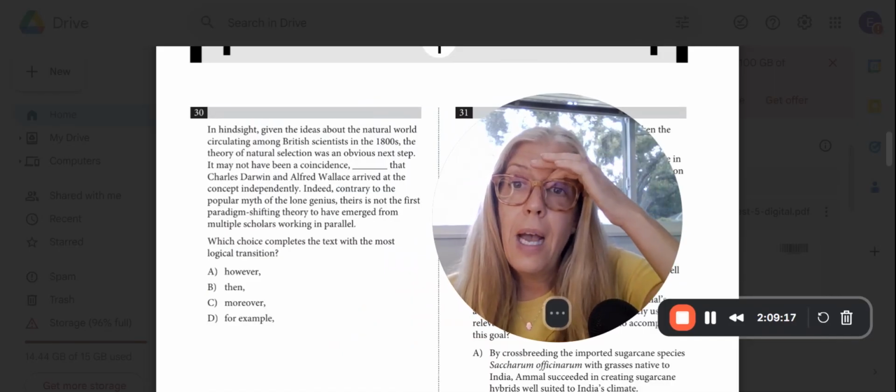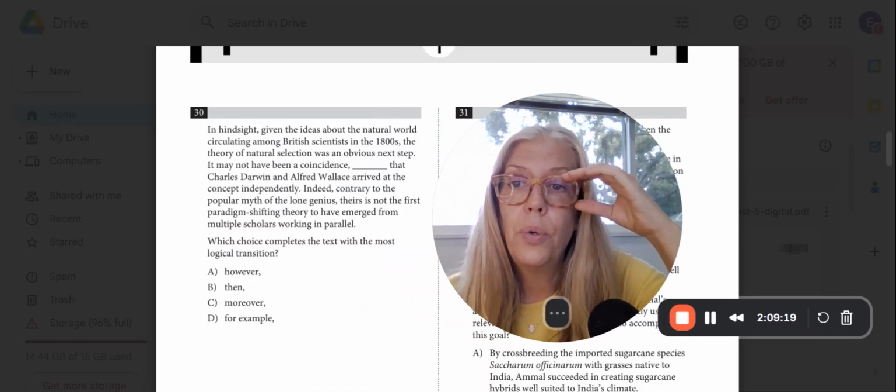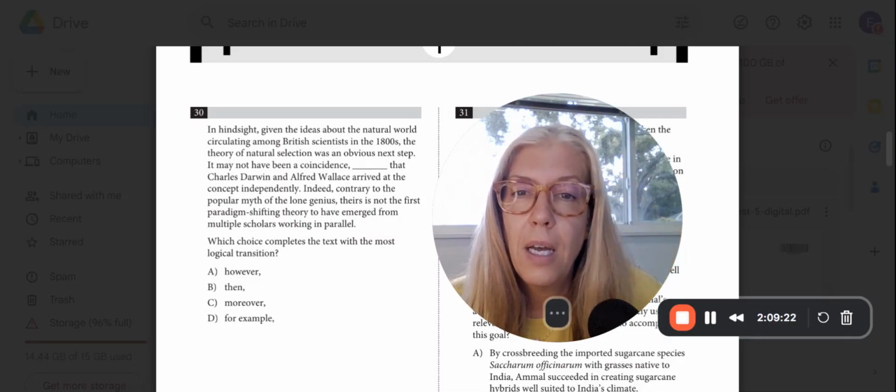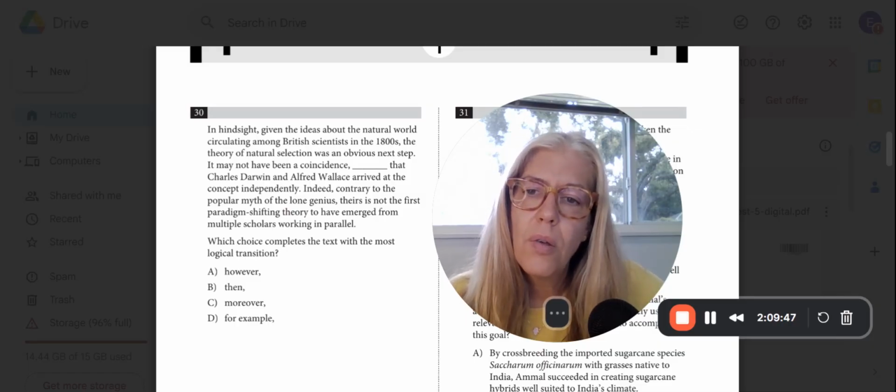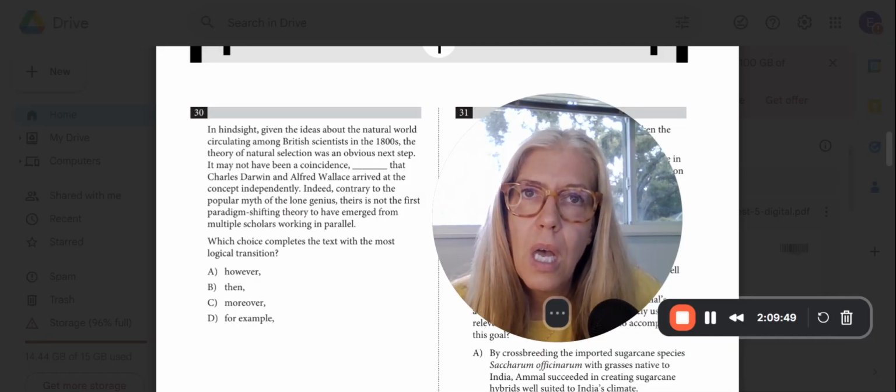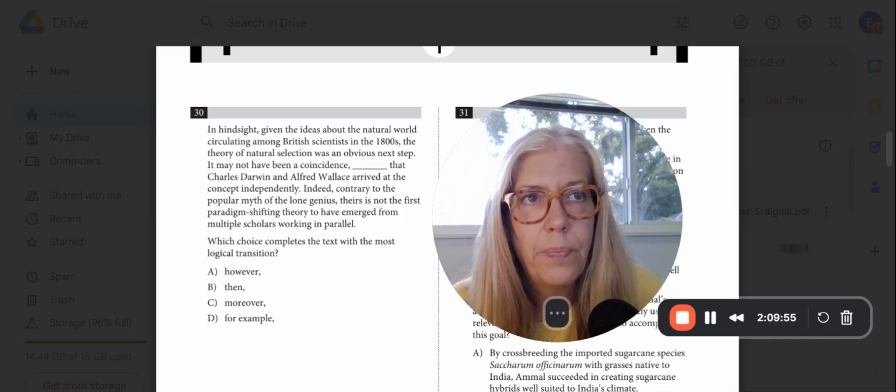In hindsight, given the ideas about the natural world circulating among British scientists in the 1800s, the theory of natural selection was an obvious next step. It may not have been a coincidence that Charles Darwin and Alfred Wallace arrived at the concept independently. So they're not moving on to more information.